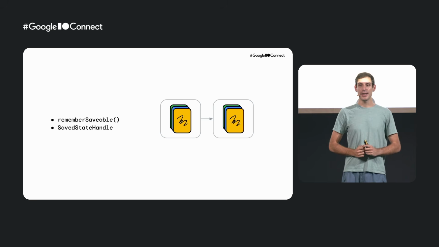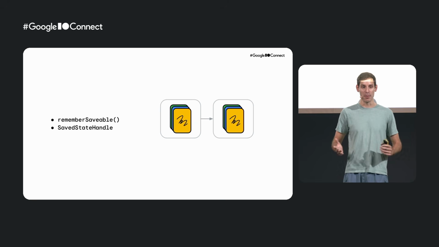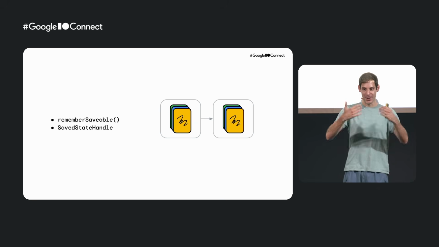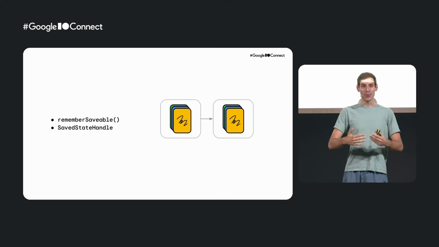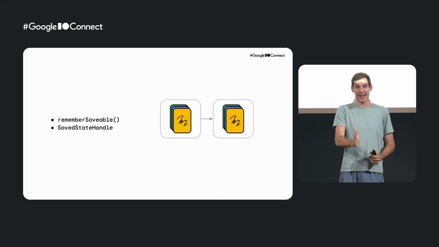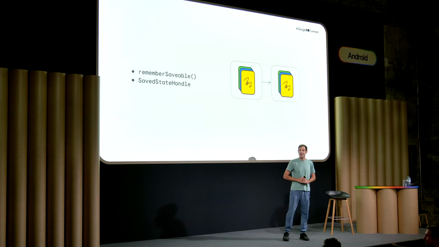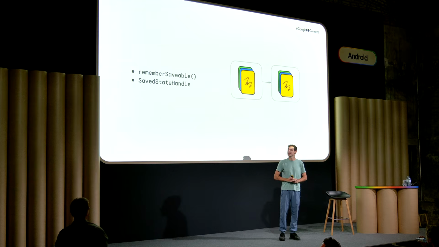So what you need to do is use rememberSaveable in your composables and use a SavedStateHandle in your view models. So when the OS brings your app back, it won't be just landing on the page that the user was in, but it will be on the exact place where the user was, with forms filled in. And with that, I think that is all the content. I will bring Dan back to stage for some final words.